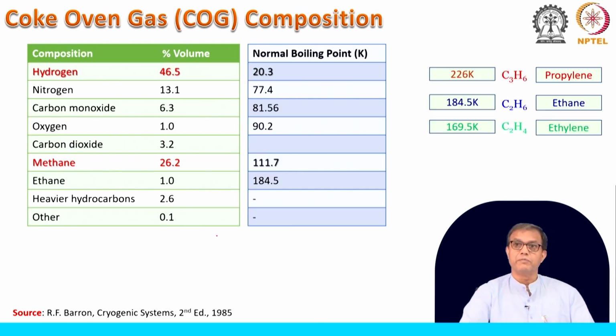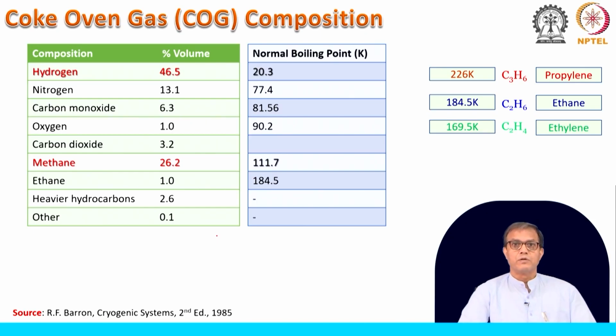Like if we have propylene, ethane and ethylene, they have normal boiling points of 226, 184.5 and 169.5 respectively. So, these are the typical boiling points of the different constituents of this coke oven gas.